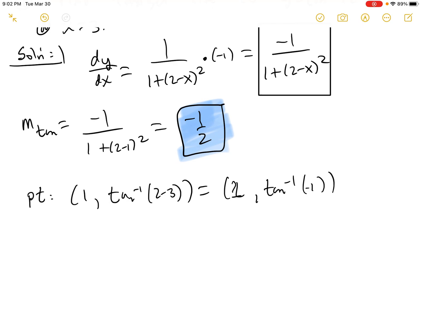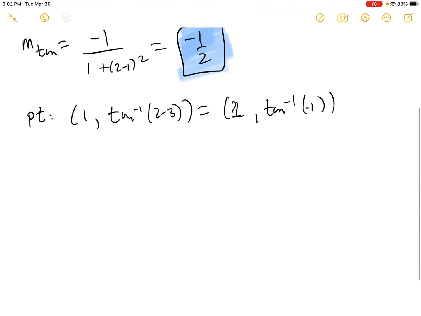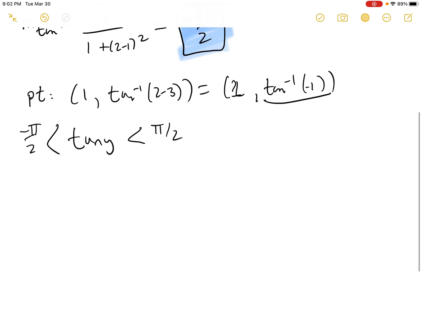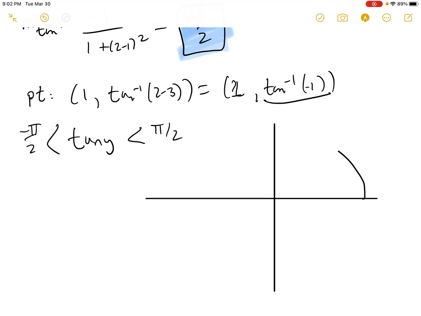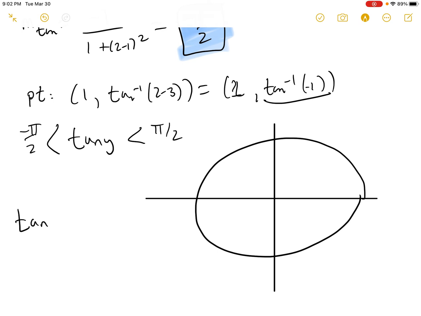Now remember, tan inverse of y lies between pi over 2 and minus pi over 2. So when you're finding this thing here, you need the unit circle. What it's saying is the tan of y equals minus 1 over 1.